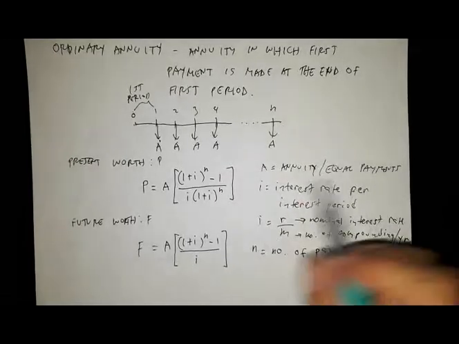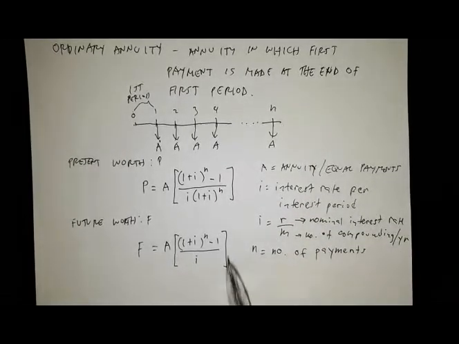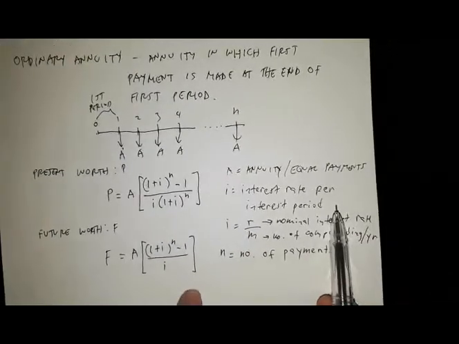So these are the elements for the formula for ordinary annuity.